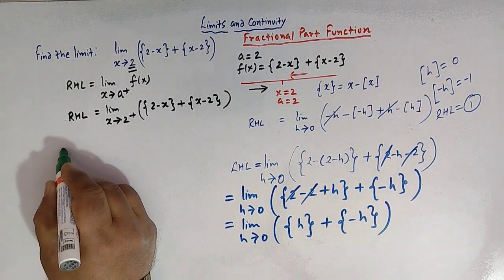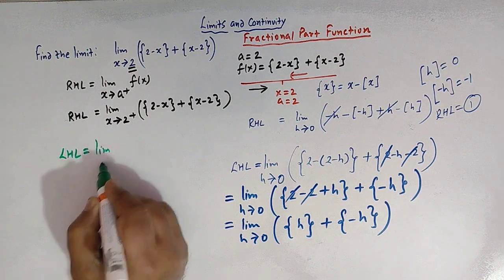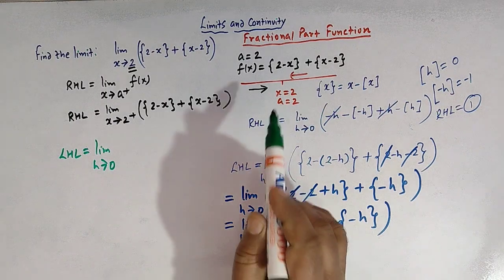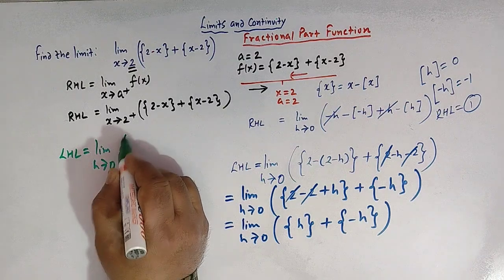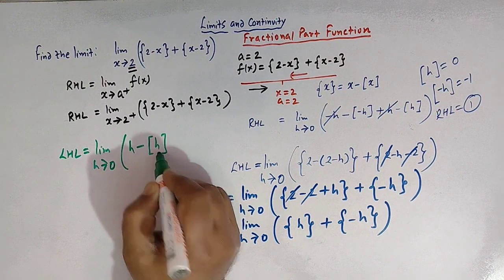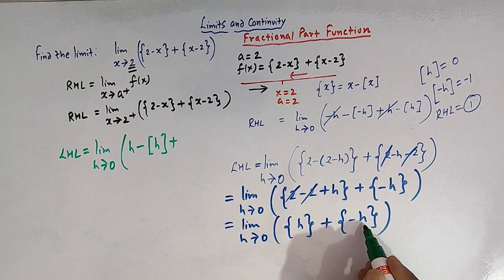So now the left hand limit can be written as limit h tends to 0, and here the fractional part of h can be written from this result. So we have h minus the greatest integer of h plus here we have the fractional part of minus h.